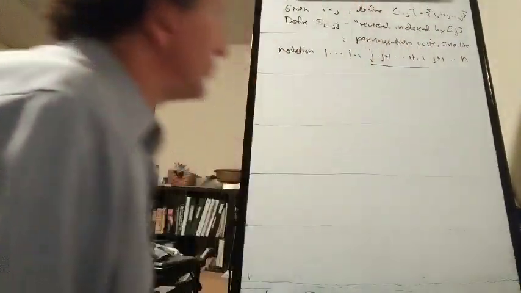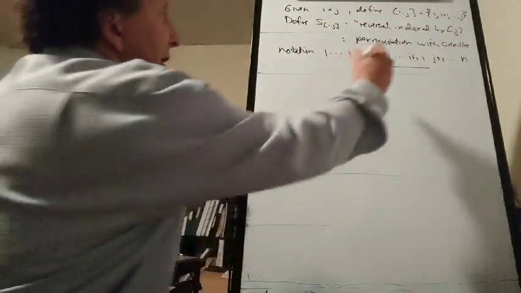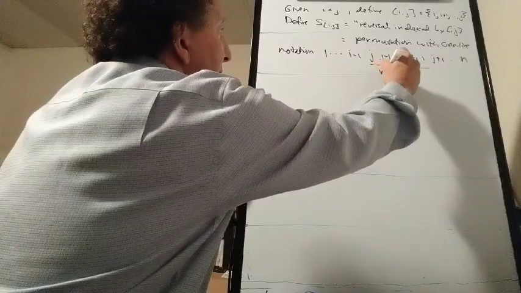So we have all of the letters i through j reversed and everything else in its right place.